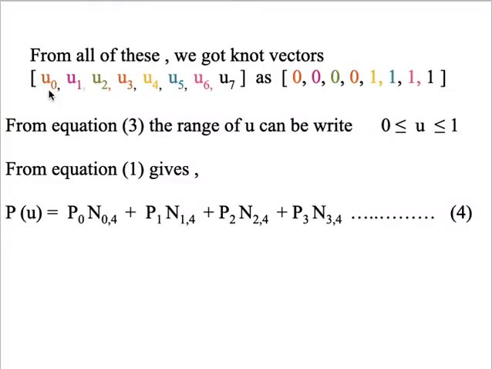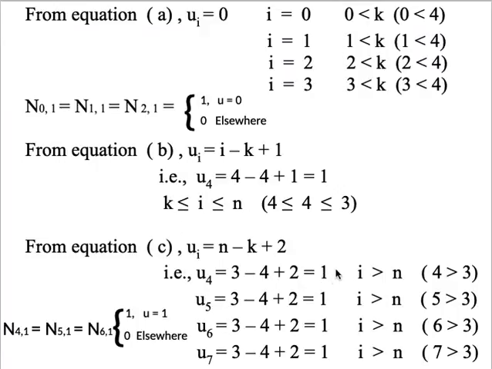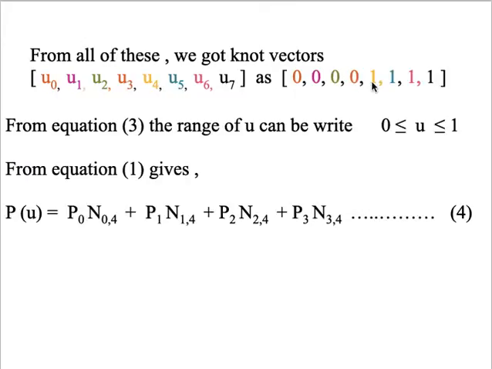So here u0, u1, u2, u3 are all 0. Now u4, you can see we got one value, isn't it? It satisfies this equation. So here u4 is 1, u5 is 1, u6 is 1, and u7 is 1. So from this we can say that u ranges between 0 and 1.